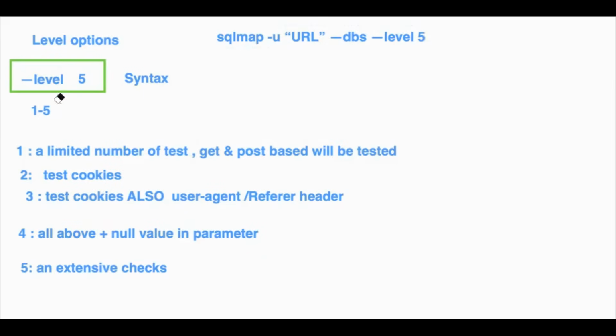Now we have another option in SQLMap named risk. So the syntax will be --risk and the risk value. The risk value by default is 1, but you can provide a risk value from 1 to 3. So what do these risk values mean?